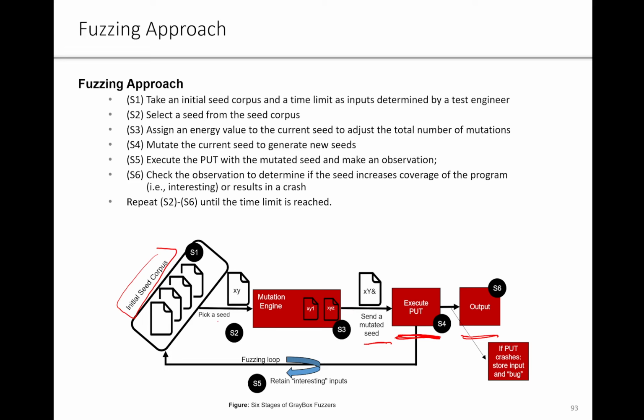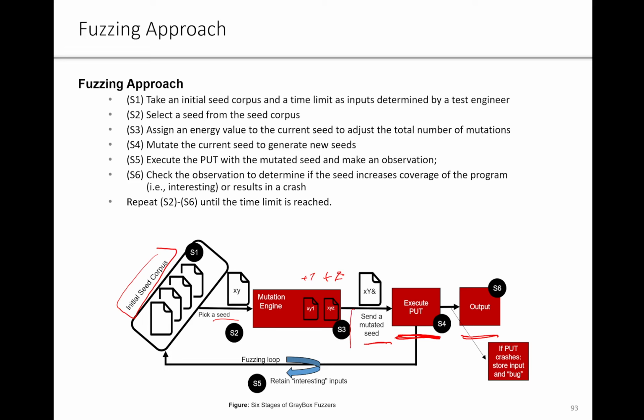Then we pick one of these inputs. We mutate it, so maybe we add a further character, or I mean, what is the mutation? You add a letter, you change a letter, you reduce a letter. I think that's almost it. You swap letters. It's very simple. So you get some kind of mutated new seed.